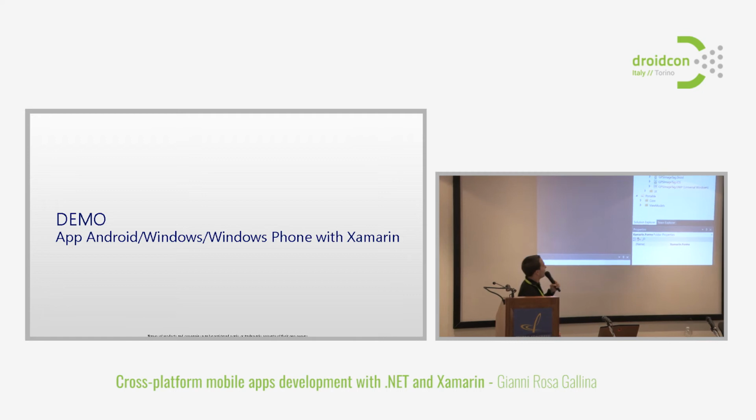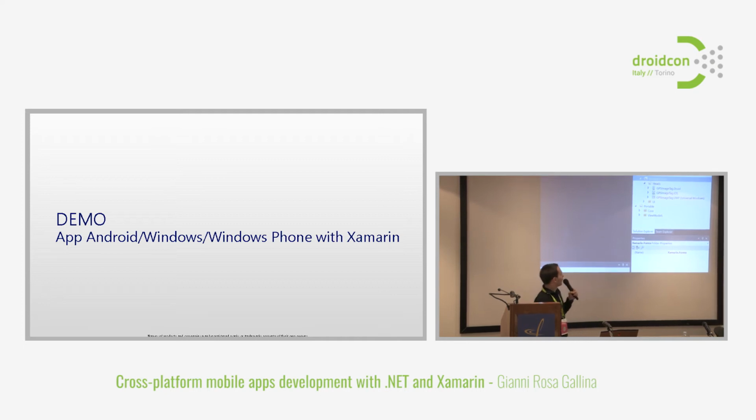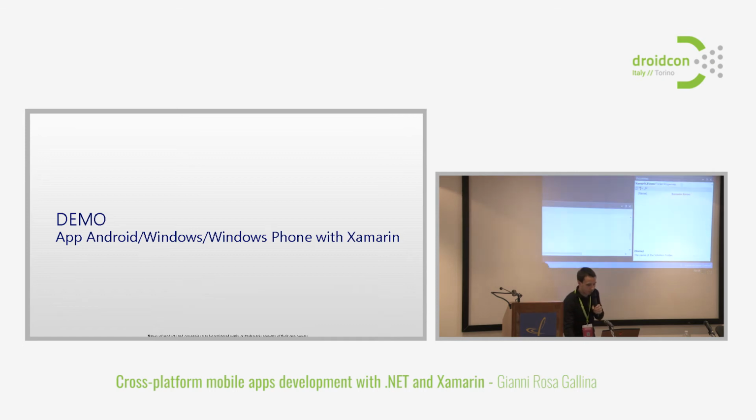Okay, so our solution contains three main components, which are the three versions of the application. One targets Android, one targets iOS, and one targets Universal Windows, which means Windows Desktop or Windows Phone. The other components in the portable part, core and view models, are the shared code, so the business logic of our application. And these are unique.